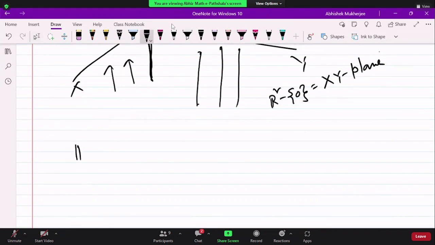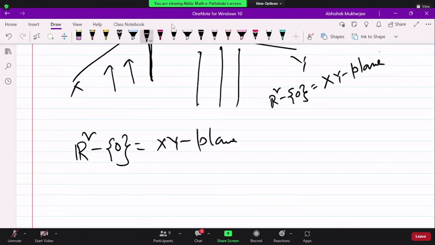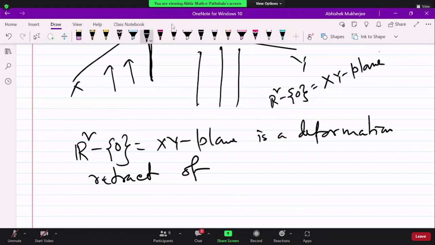So in this way, we see that this R2 minus 0, which is the XY plane, is a deformation retract of R3 minus Z axis, right?